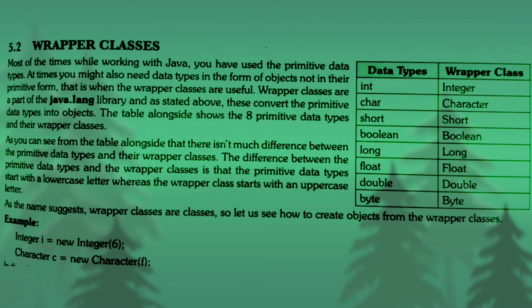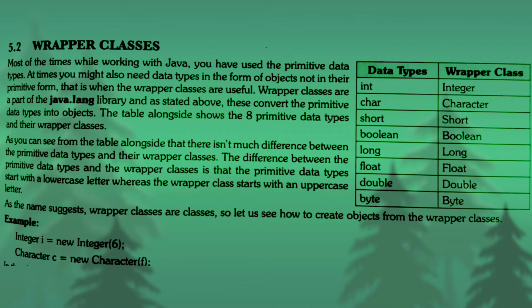Now the question is, what is the use of wrapper classes in Java? Let me tell you, with the help of primitive data types, you can store a value in a variable. For example, an integer variable will hold an integer value, a character variable will hold a character value, and so on.